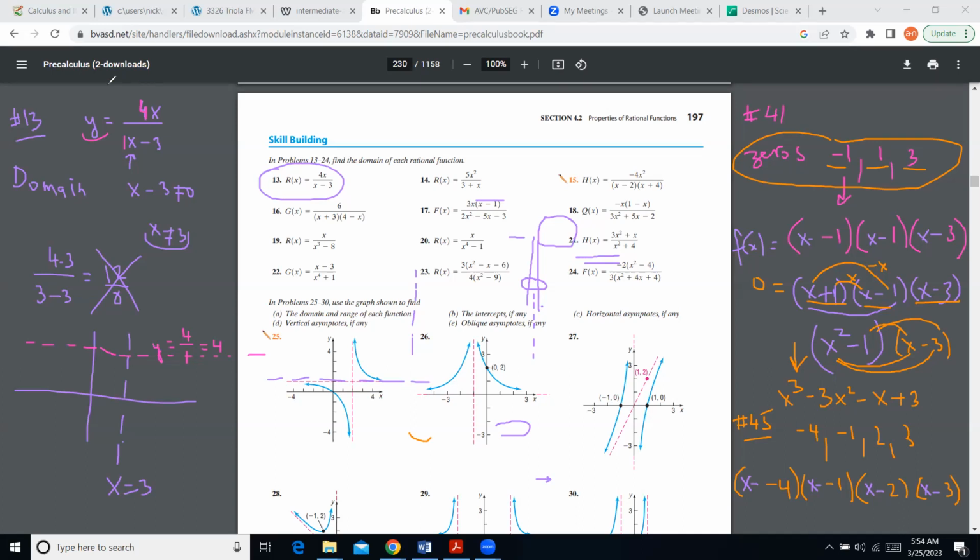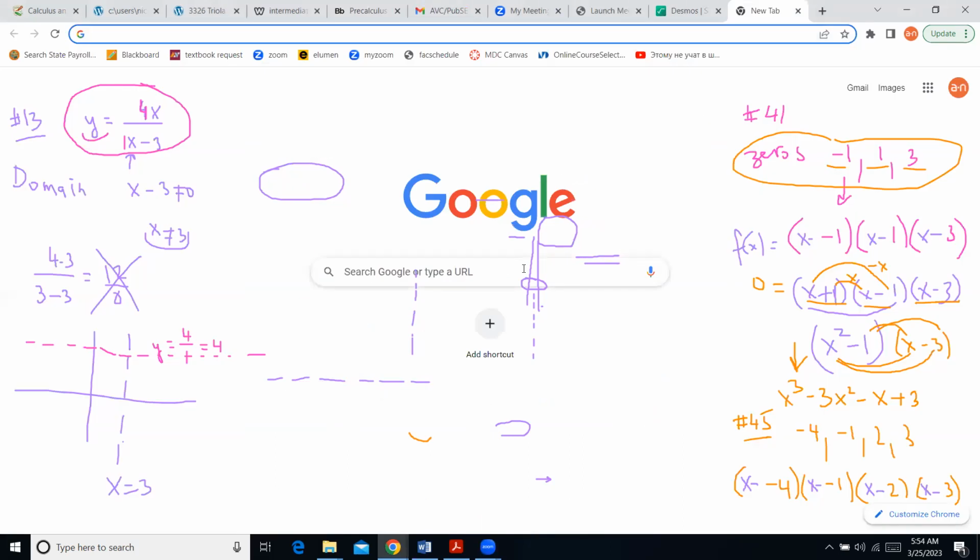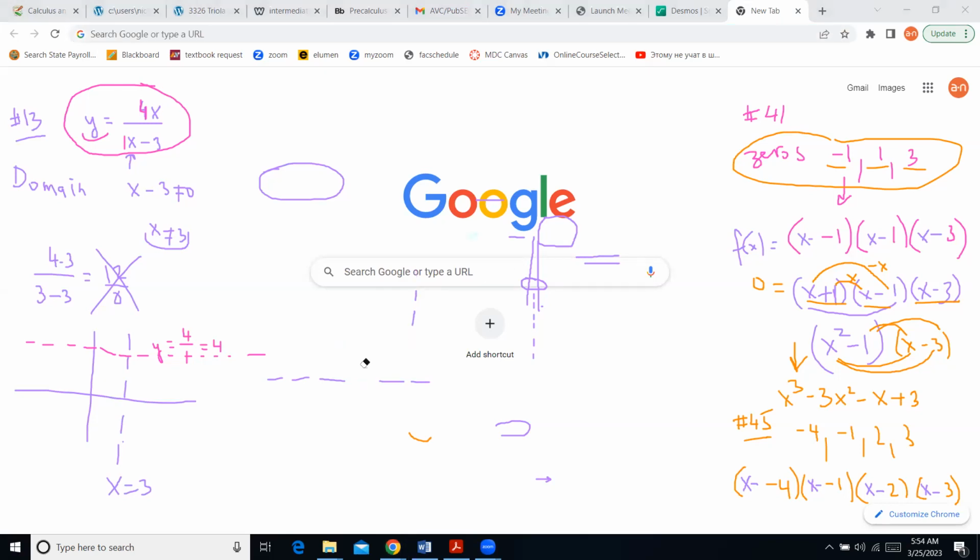And indeed, if I try to graph this function, let me show you how you can graph it using technology, using a so-called graphing calculator. All you can do is just get into the search engine and type graphing calculator in it.